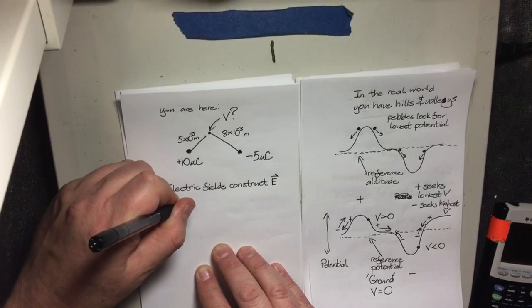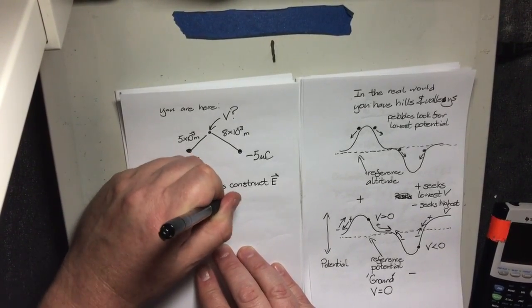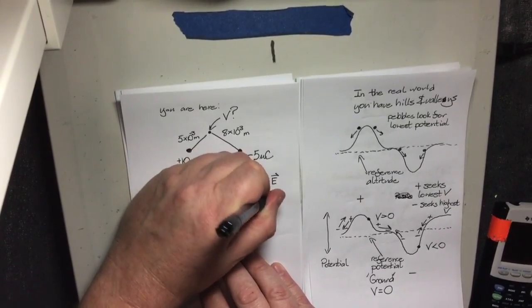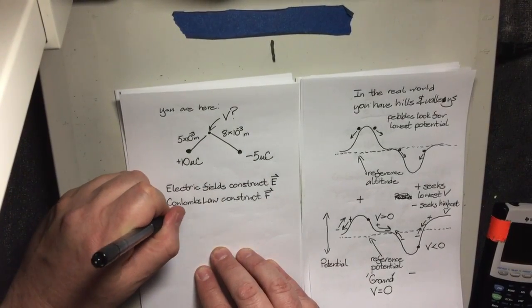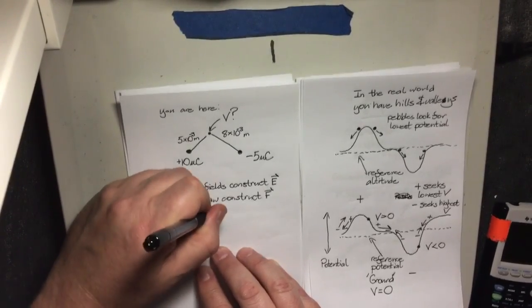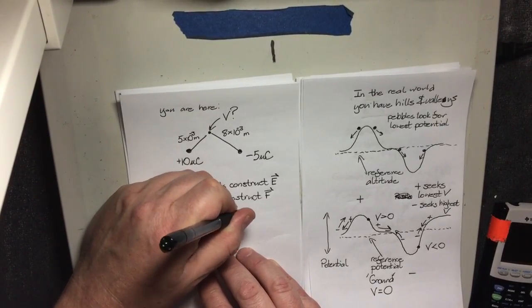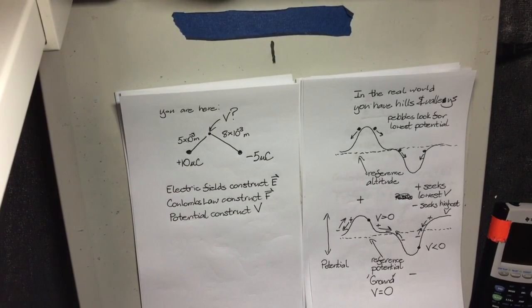Coulomb's law constructs the force vector. Potential constructs V. Where's the vector symbol on top of V? There is no vector symbol on top of V.